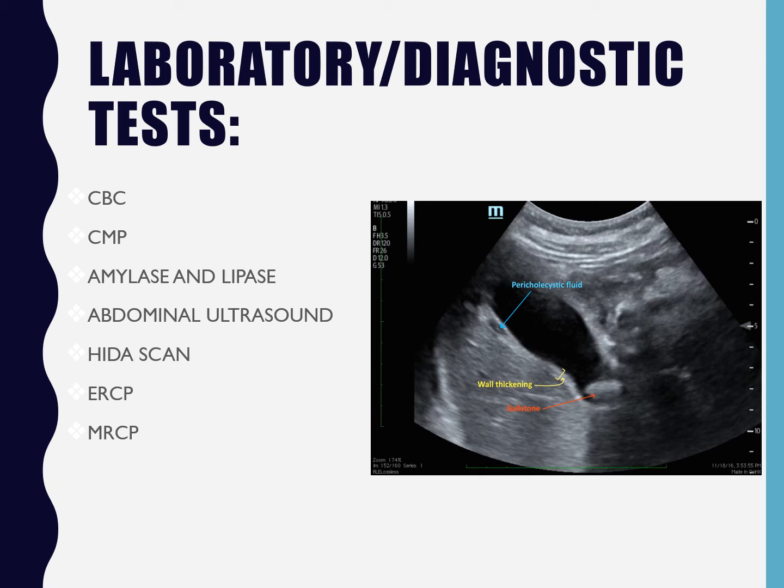Their amylase is going to be a little bit elevated, as well as their lipase, and this only occurs if there is pancreatic involvement. All of those ducts are connected, so the cholecystitis issue is going to let us know if the pancreas is going to be involved or not.